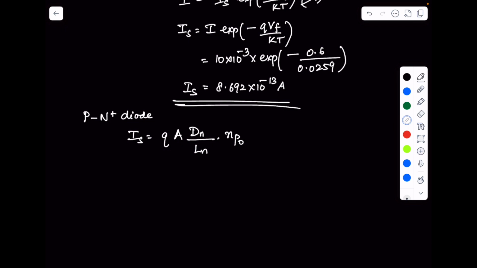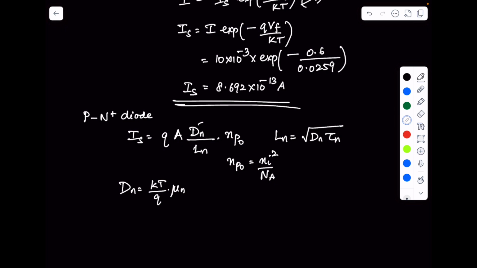And Ln is square root of Dn tau n. Now Np naught is nothing but Ni squared by Na. Now we calculated Na previously, so Np naught, I can do this. Now I need to find Dn and Ln. Now Dn from Einstein's equation is kT by Q into mu n. So I need to find what the mobility is.